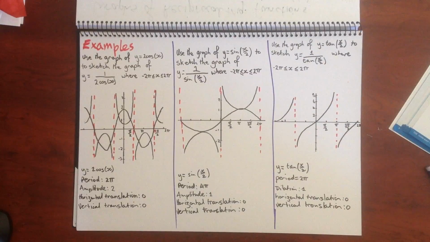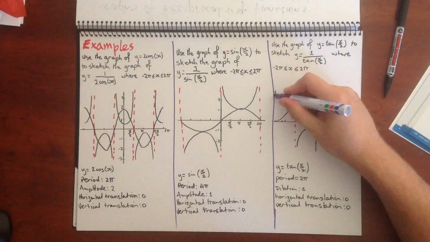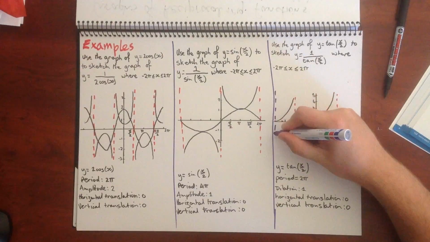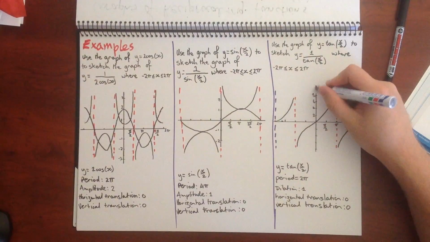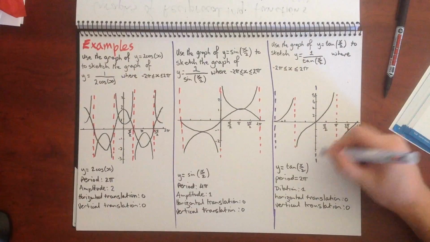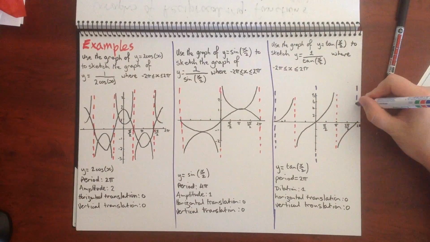Okay, so it's not too bad for this one. So all we need to do is work out our new asymptotes, which are going to be, I'll do them in different colours so we don't get confused. So again, they're at our x-intercepts. Okay, so there's going to be one here as well. And we'll have another one down here.